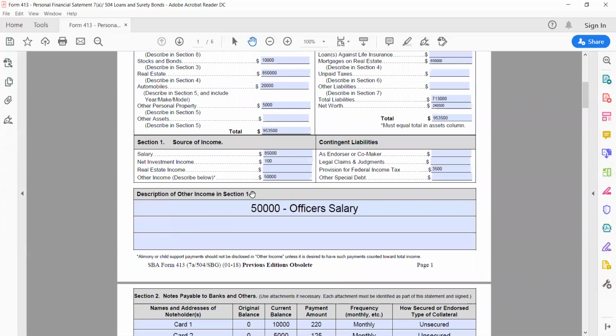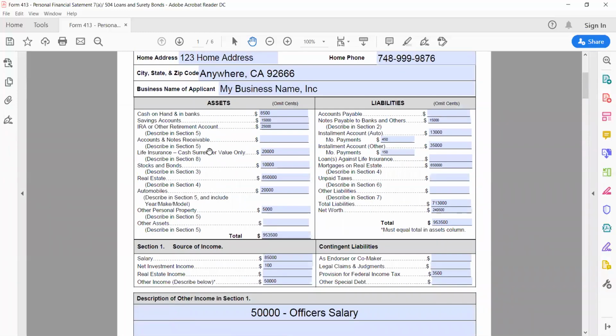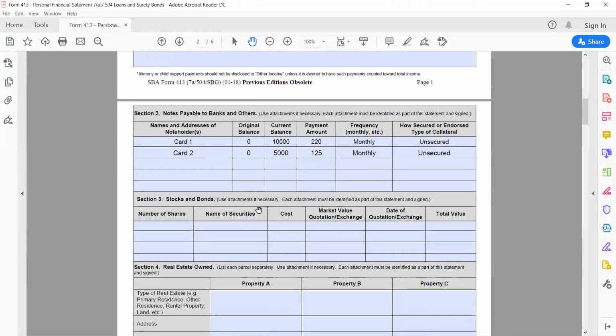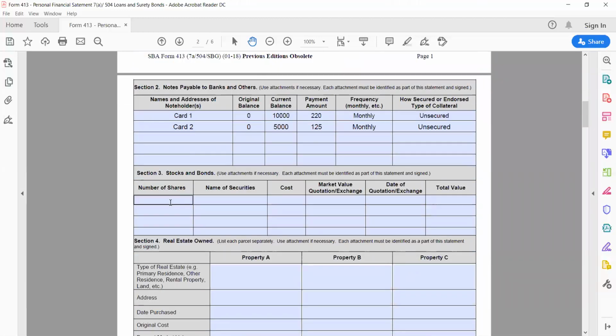Stocks and bonds. This is in reference to this line item here. So $10,000 in stocks and bonds. So I would print out my brokerage account as of February 29th, the values, and list them all here, but in this case, what do I have? 100 shares of Google. Original cost, maybe it was $50. I have no idea.